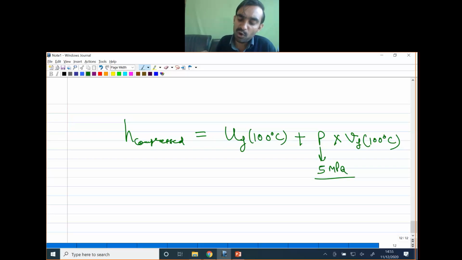So these two are the different methods which can be employed for obtaining the value of enthalpy at the compressed state if compressed tables are not given. And why we are taking the values of specific volume, internal energy and entropy as identical to those at the given temperature in saturated liquid, I have just demonstrated in the previous slide.